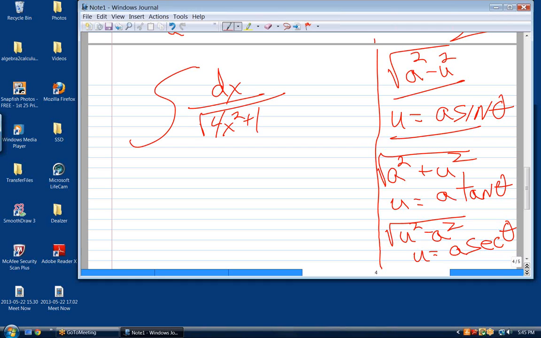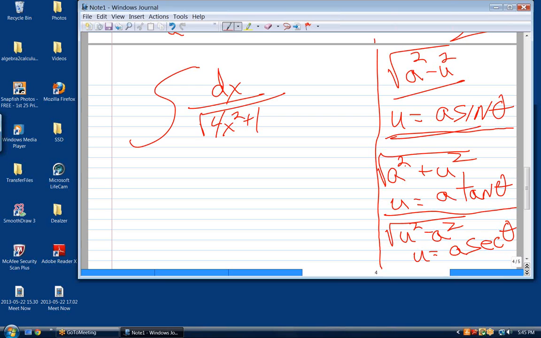What format do we have here? Which one of these three? Is it this a secant theta? No. Is it the top, the middle, or the bottom? In other words, when we have a squared minus u squared, we're going to let u equal a sine theta.